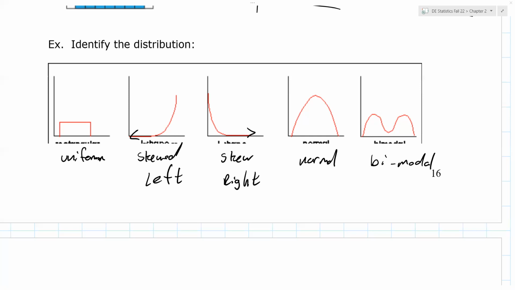And the reason it'd be bimodal is because humans are broken up into two distinct subgroups, and those two distinct subgroups have different average heights. And so you'd have one peak at the average height of female, you'd have one peak at the average height of male, and then you would get a bimodal piece of data.